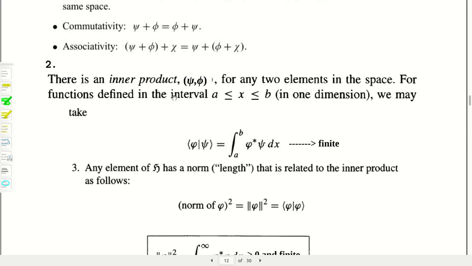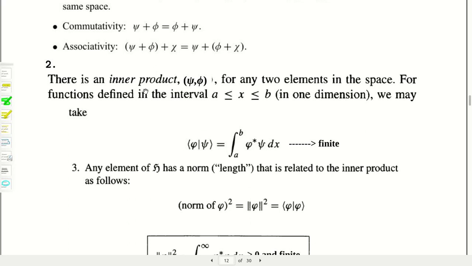This product is called the inner product, and this product is something like the expectation value we may call, but I will tell it later.